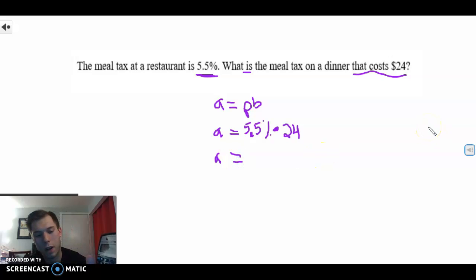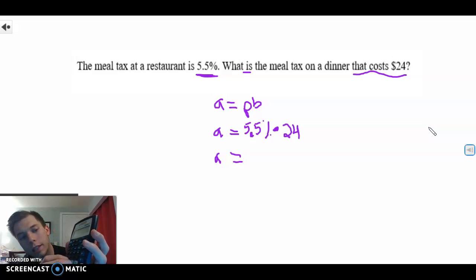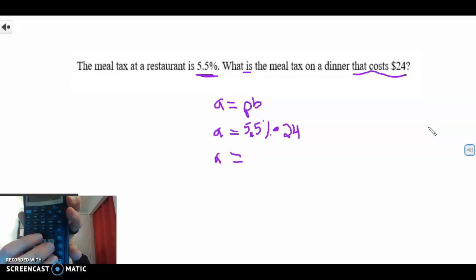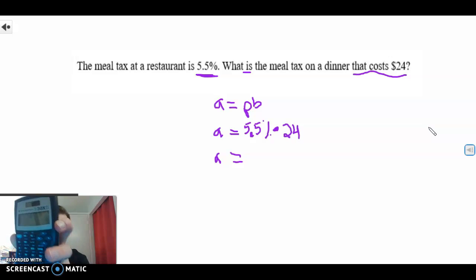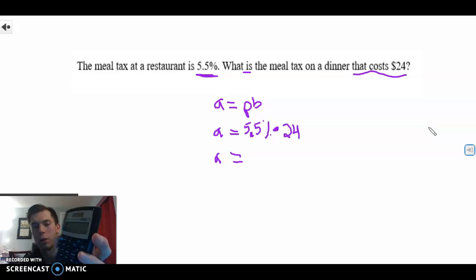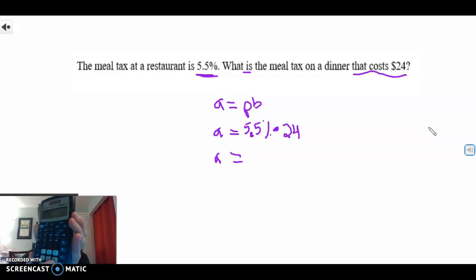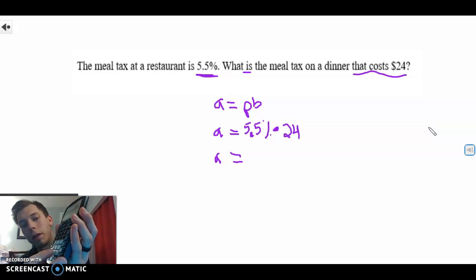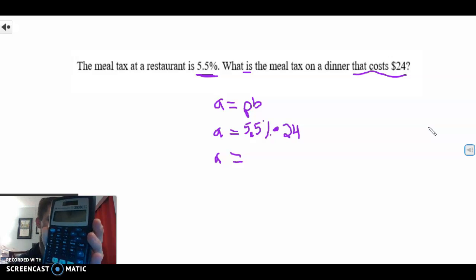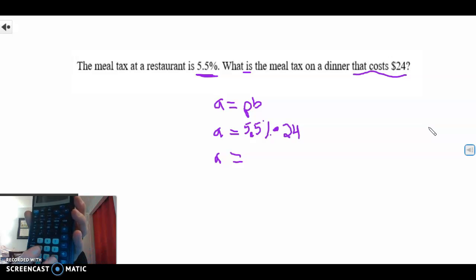Now we can grab our calculator. We get 5 5/10. Hit the second button, and then hit that open parentheses, which will give you the percent sign. So you have 5 5/10%, and then you multiply that by 24.